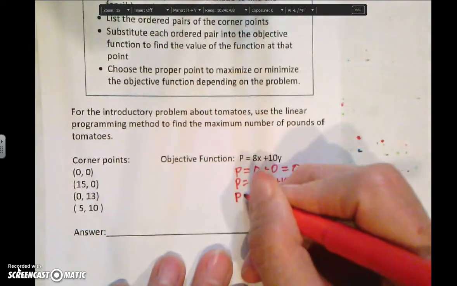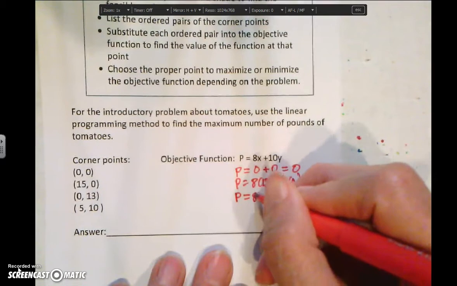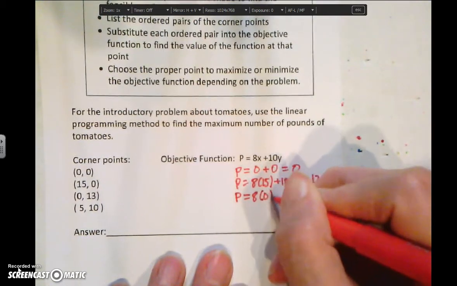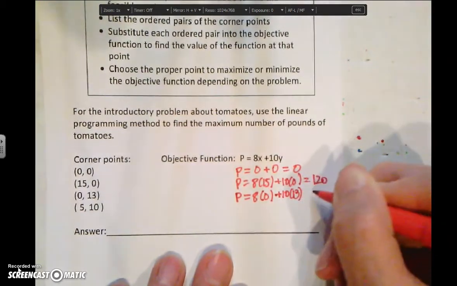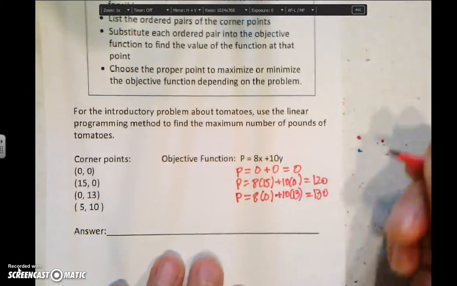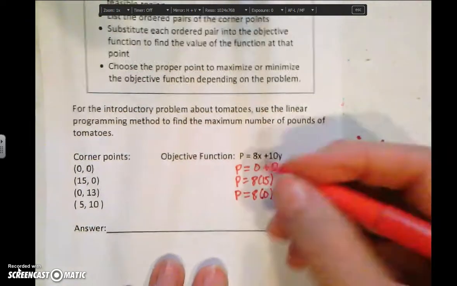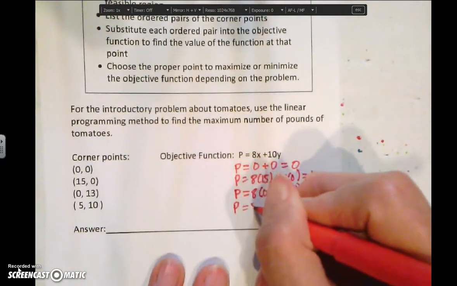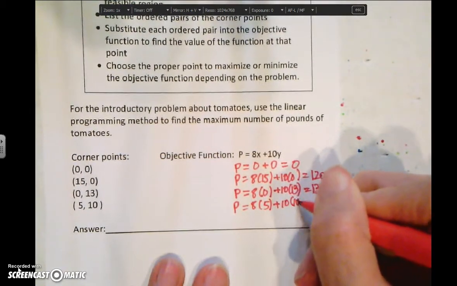And for 0, 13, we rounded that off, didn't we? We've got 8 times 0 plus 10 times 13, and that gives us 130. So right as of right now, it's the maximum. And then when I put in 5, 10, I get 8 times 5 plus 10 times 10.